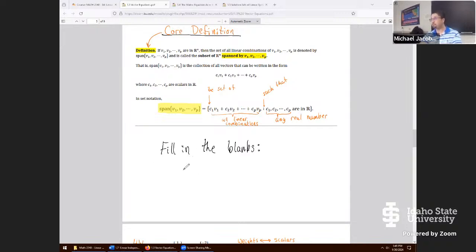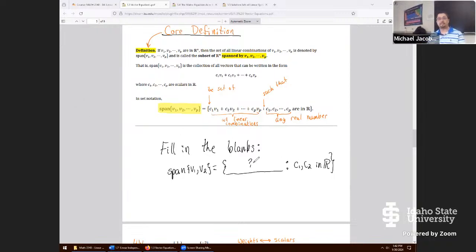Where the blanks are, the statement would be span V1, V2 equals some long blank would go right here, and we might put in C1, C2 in R. So if you know what goes right here, that's the entire exam question. It would be this. C1V1 plus C2V2 would go directly inside there. And that's a concept question tied together with spanning. Does that make sense about those style of questions so far?